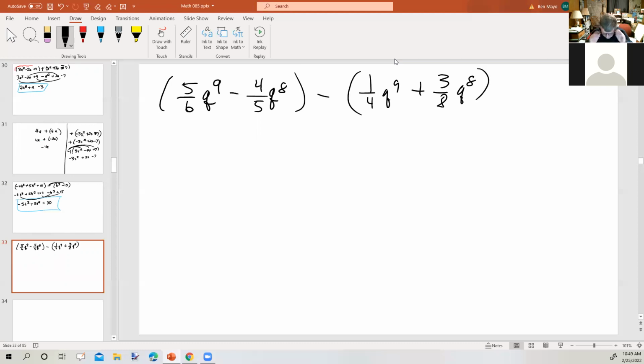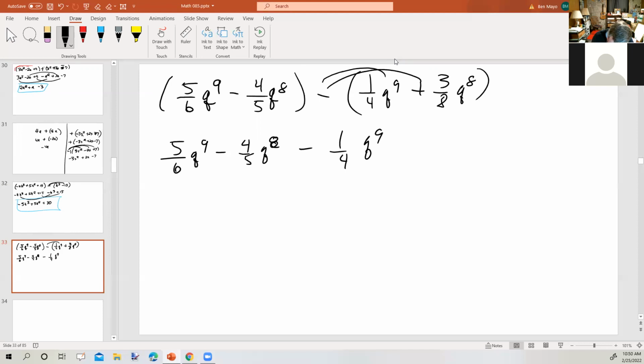Okay, so first of all, getting rid of those grouping symbols, I can just get rid of the first grouping symbol since there's nothing in front of it, or it's an implied 1 times it. Now we're distributing the subtraction. We're going to get minus 1/4 q to the 9th minus 3/8 q to the 8th. So in effect, I'm changing it to addition of the opposite and adding it up, but just distributing the subtraction sign. Any questions there?